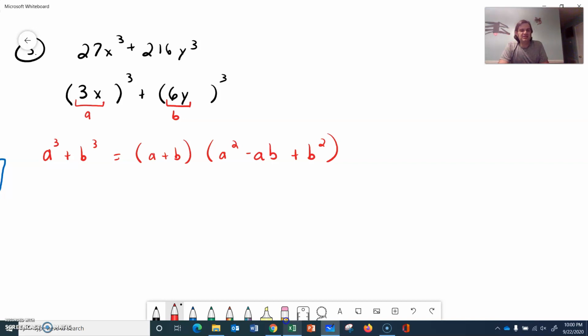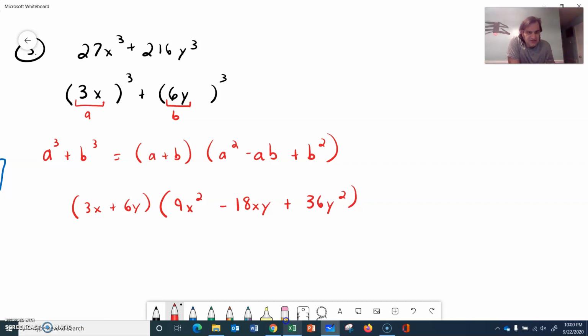Usually I'll let you use them on a test if it's needed. But let's see here. A plus b, that would be 3x plus 6y. And then the second part here, a squared, so 3x squared would be 9x squared minus ab, so that would be minus 18xy plus b squared, so that would be 36y squared.